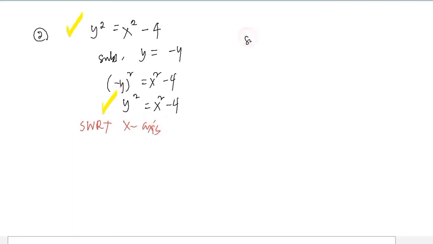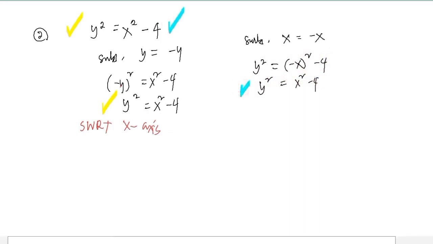Then, we are going to substitute now the x to negative x. So we have here y squared is equal to negative x squared minus 4. So you have y squared is equal to x squared minus 4. As you can see here, this equation is still unchanged even na nag-substitute tayo ng negative x dun sa x natin.